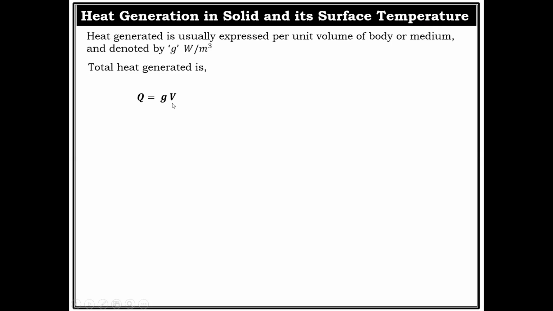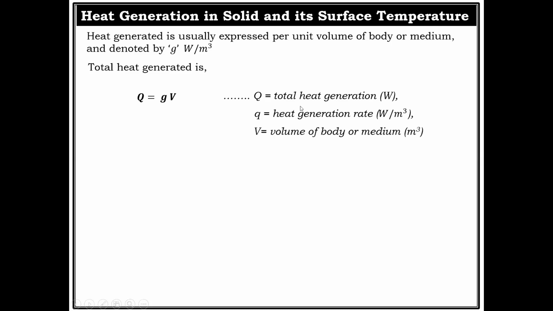So Q equals g into V, where Q is the total heat generation in watt, small g, many times denoted by small q also, is the heat generation rate in watt per meter cube, and V is the volume of the body in meter cube.